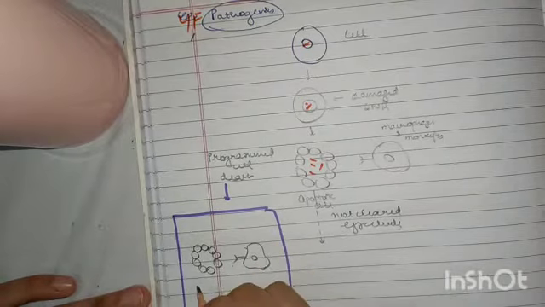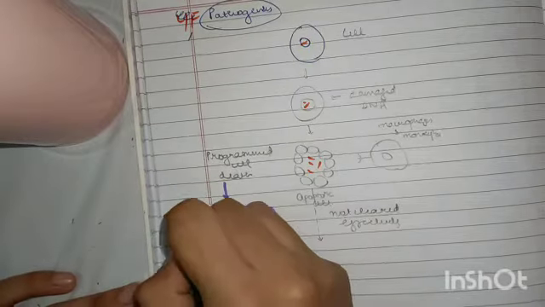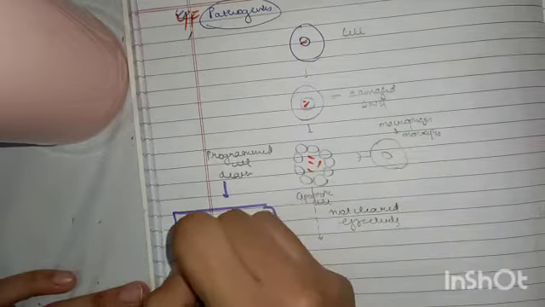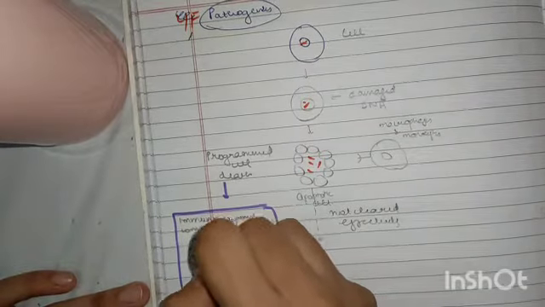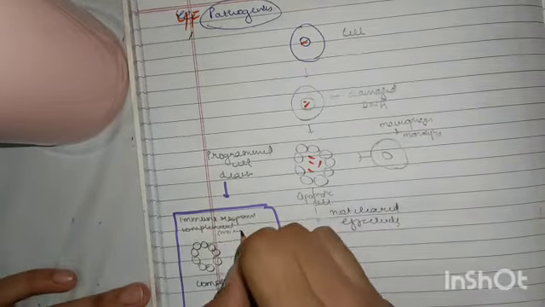Complement opsonization occurs. We studied it in general pathology. In the immune response, complement proteins will surround it and get attached to it. So there will be complement proteins, these. But this is normal.